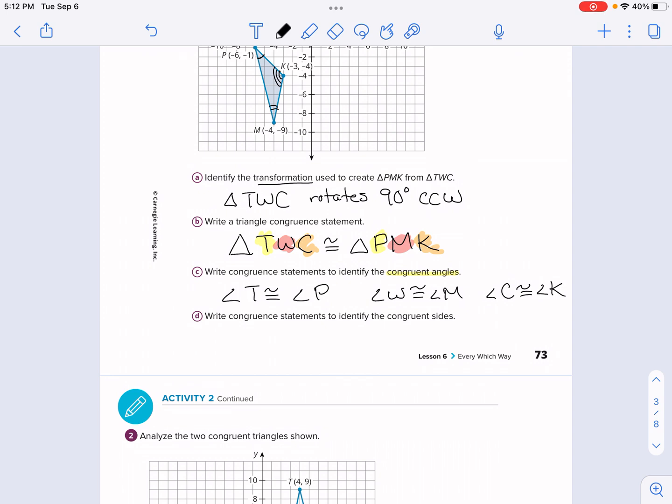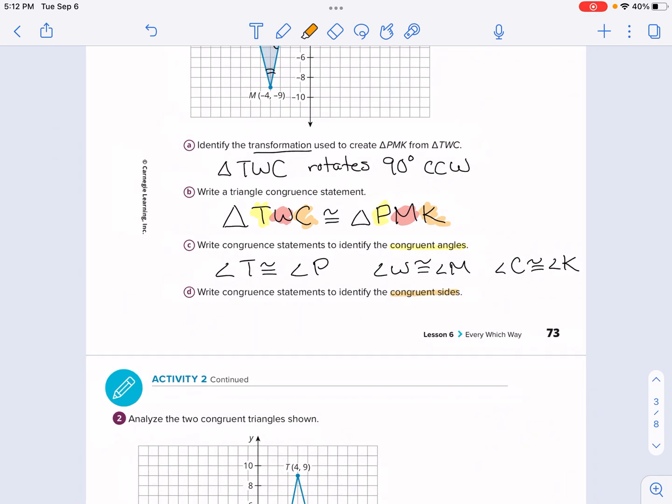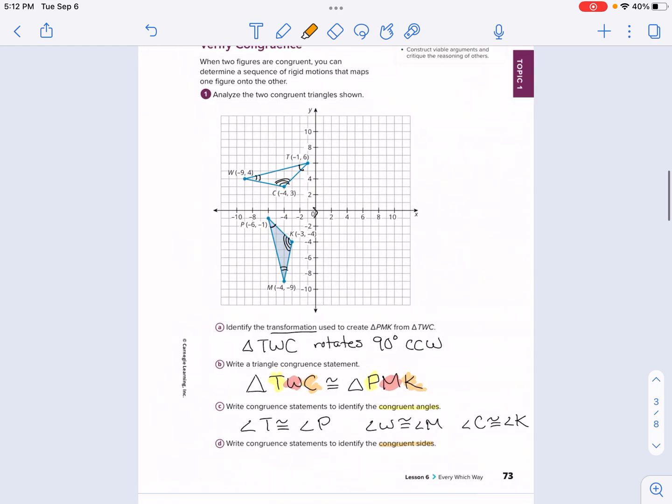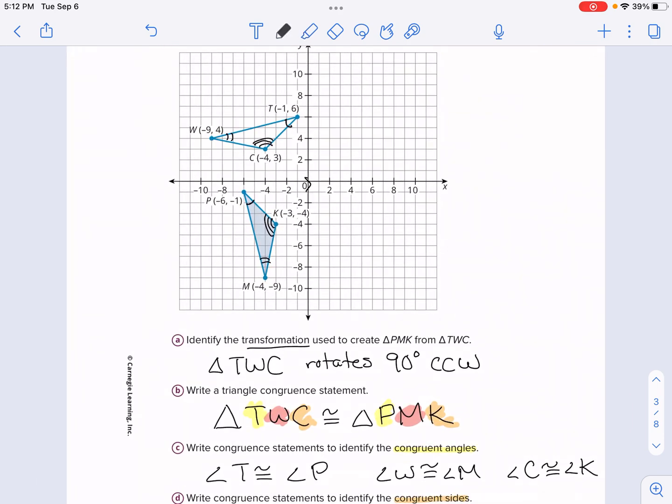All right. And then let's go to this next part, which is congruent sides here. I'm going to look at the figure itself just because it might be kind of confusing to look at varying parts, but let's put tick marks here. Let's start with TW. I'll put one tick mark there. That corresponds with PM.